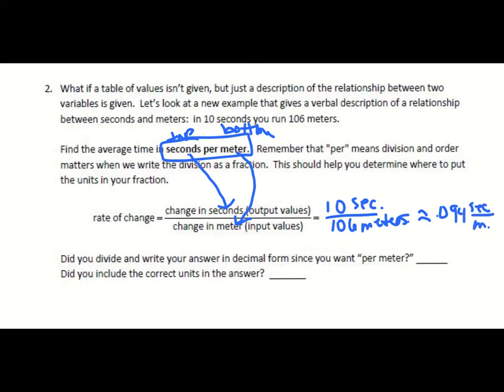It says, did you divide and write your answer in decimal form since you want seconds per meter? Yes. And did you include the correct units in the answer? Yes. Okay. So make sure that you pay attention to how this is worded. Basically just pretend that's a division sign and put a division sign there and it tells you how to do it.